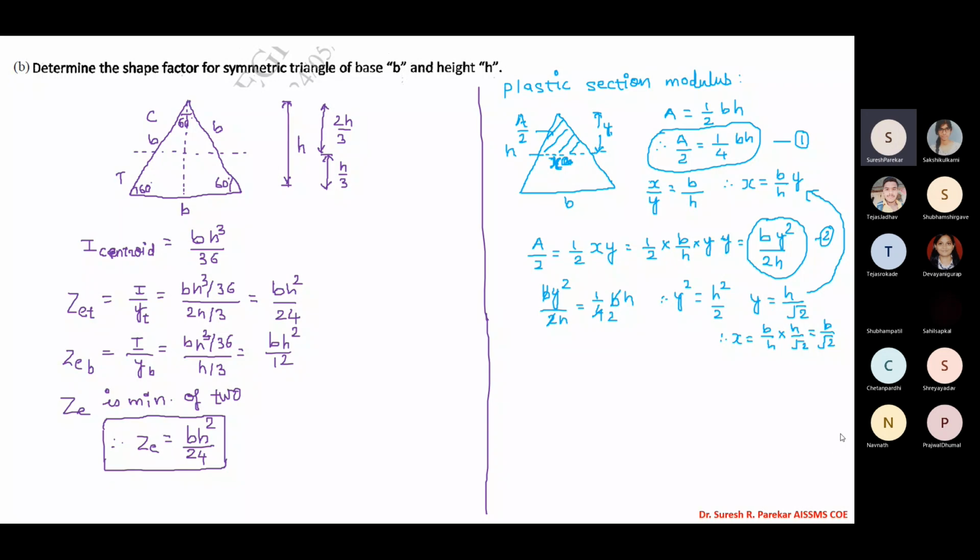So now we will go to calculate the values. Now we take the two triangles separately. This is the first triangle having height H by root 2, and we have the second portion.